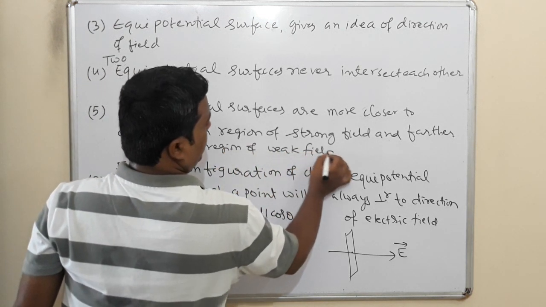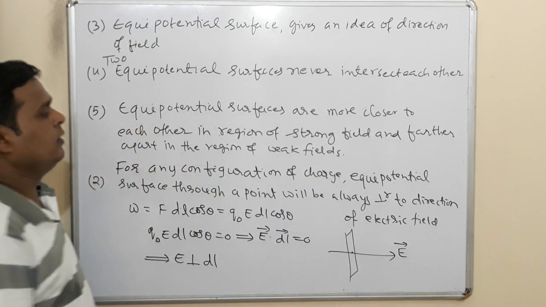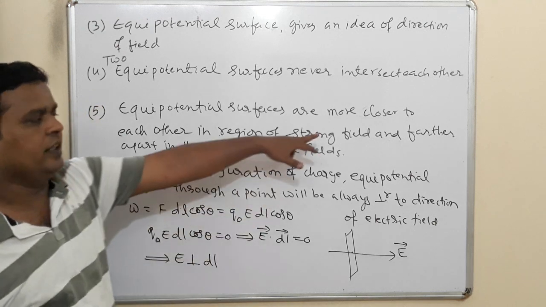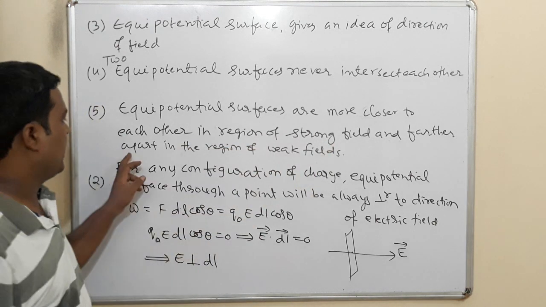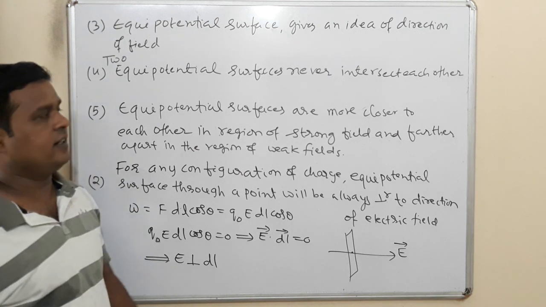That means if equipotential surfaces are closer to each other, then it indicates the field is strong in that region. If the equipotential surfaces are away from each other, then the field is weak in that region.